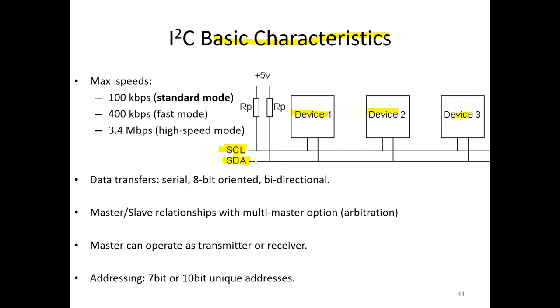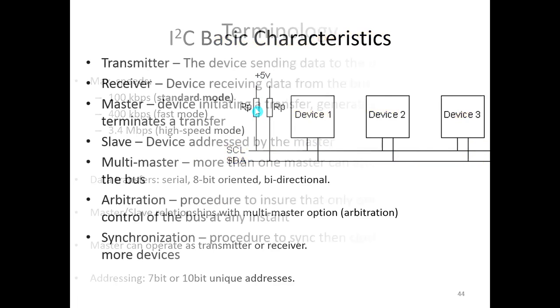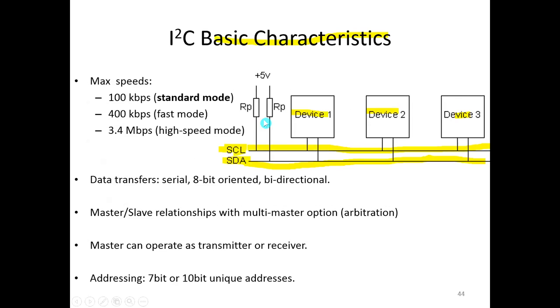So you can see here that we have one line for the data and one line for the clock, and all the devices are connected in parallel. So don't forget to add 2 pull-up resistors to the VCC, okay?